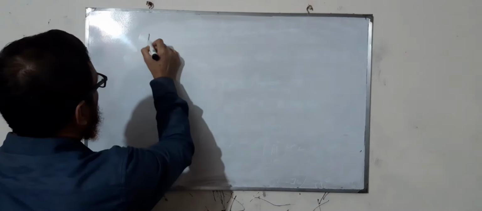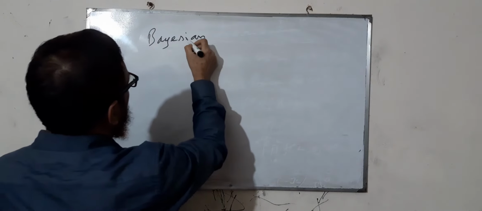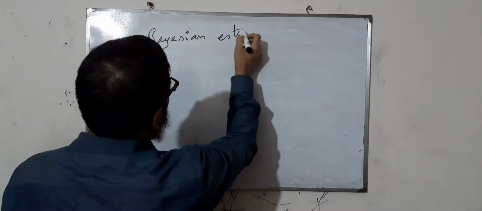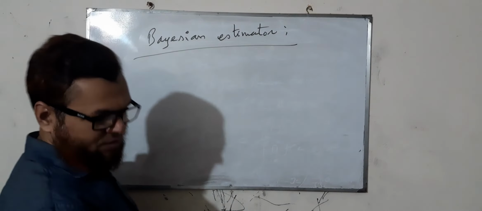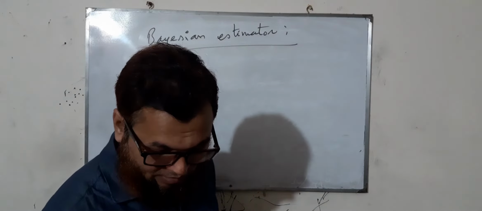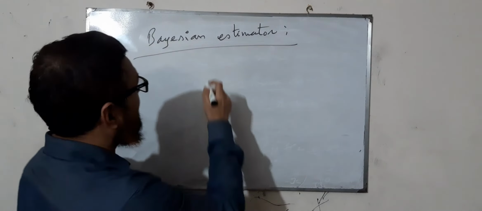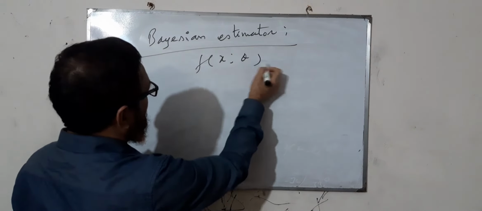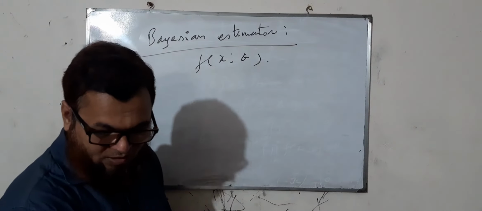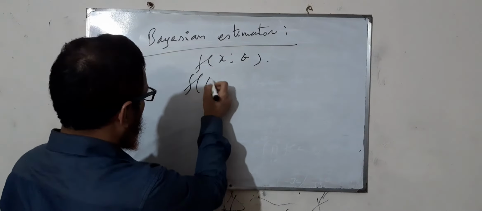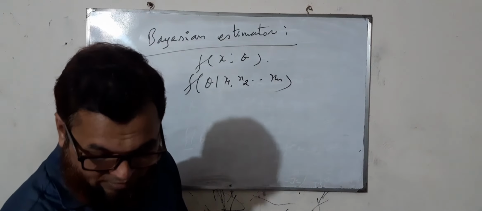Bayesian estimator. Again, let x1, x2, ..., xn be a random sample of size n drawn from a density function f(x, theta). Then the posterior distribution of theta is f(theta | x1, x2, ..., xn).